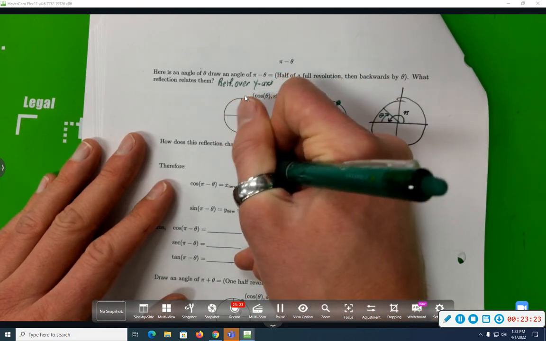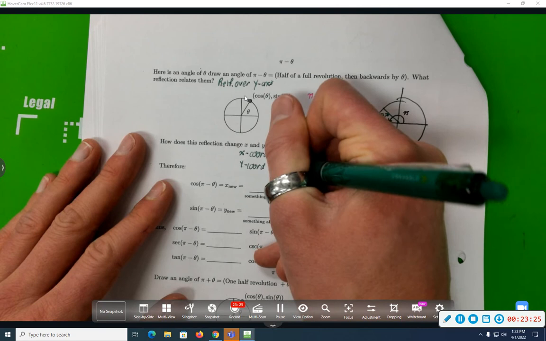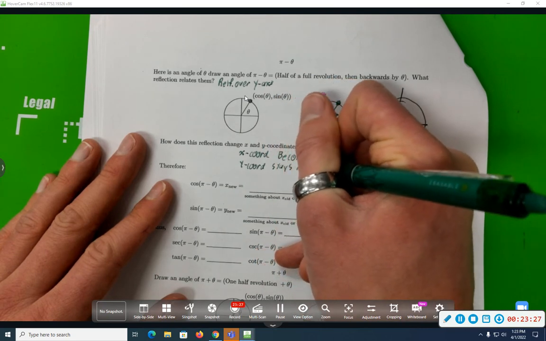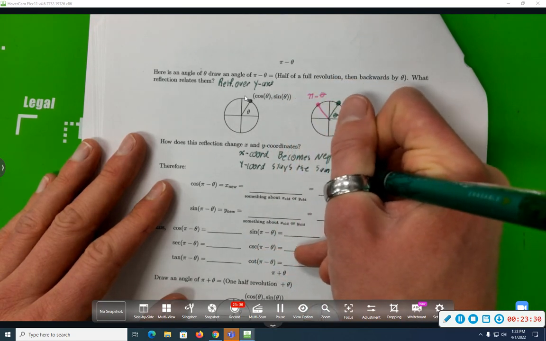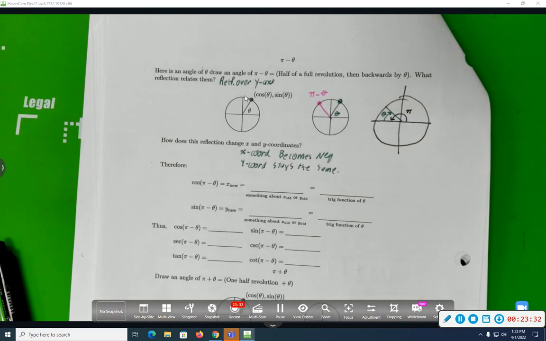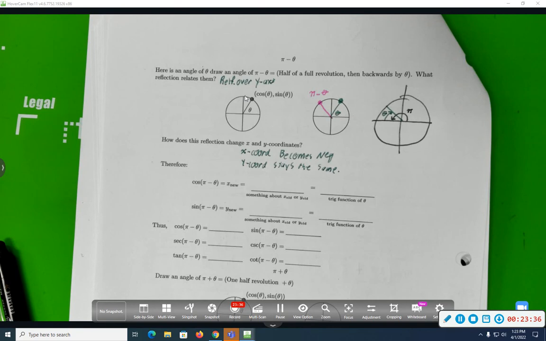The y-coordinate stays the same. Nice. So let's do that. So cosine of pi minus theta, that's the x-coordinate after you do this reflection.